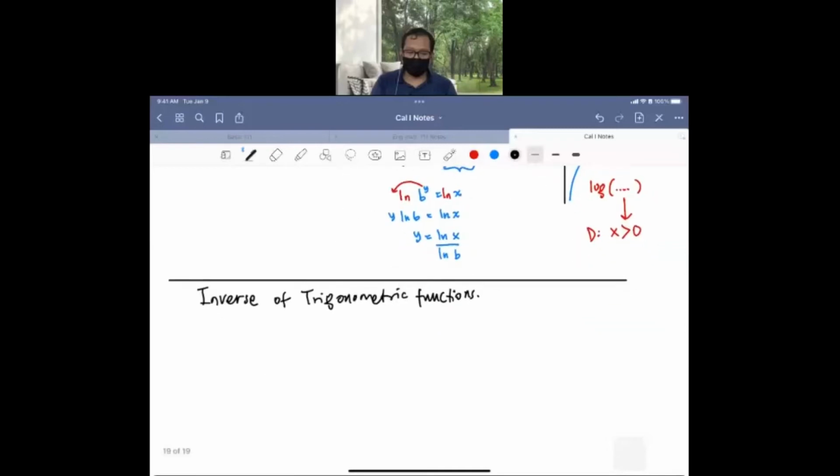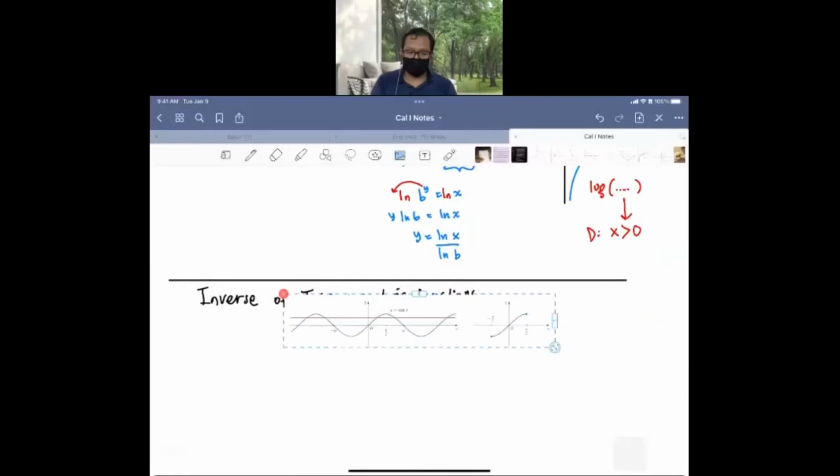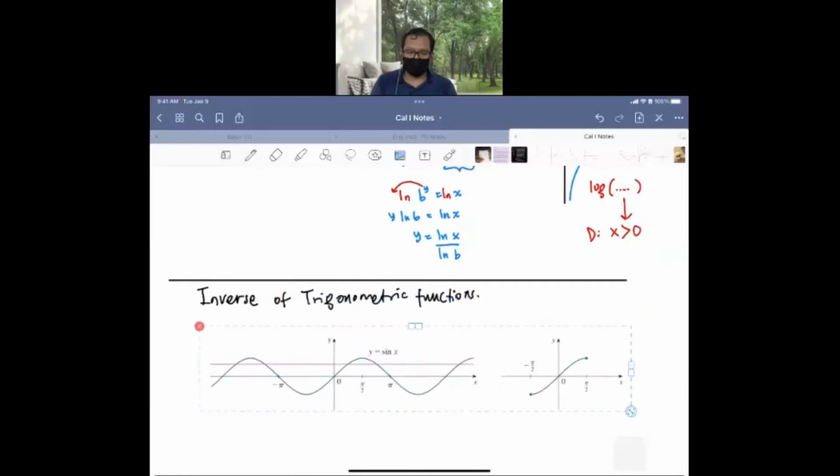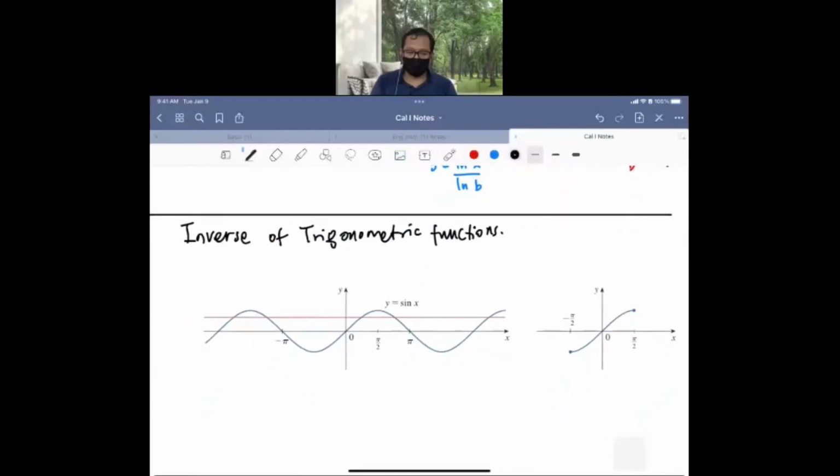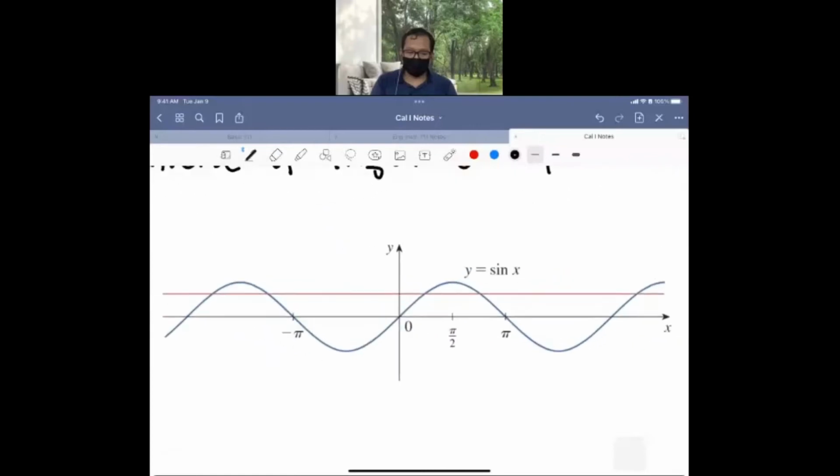Okay, now let's begin with the graph. Let's say we begin with the sine. So y equals sine x. Okay.